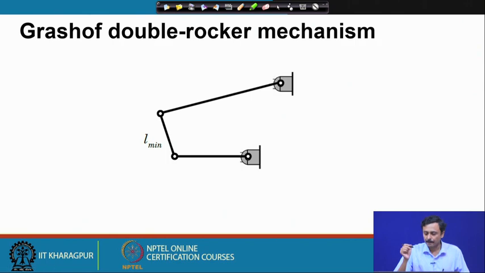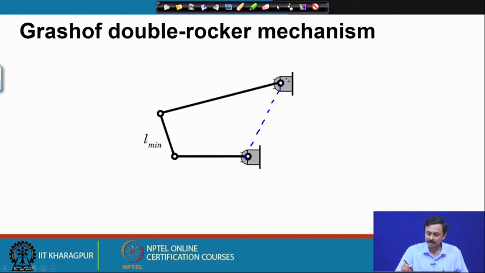Now, if I fix one of the links which is not adjacent to L min, so the link opposite to L min, then what happens?